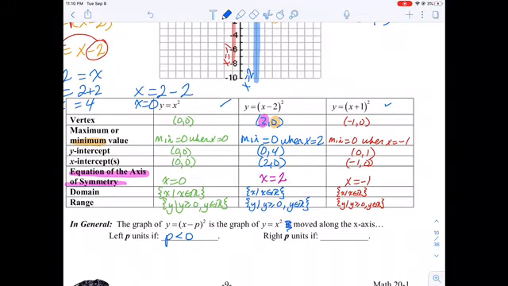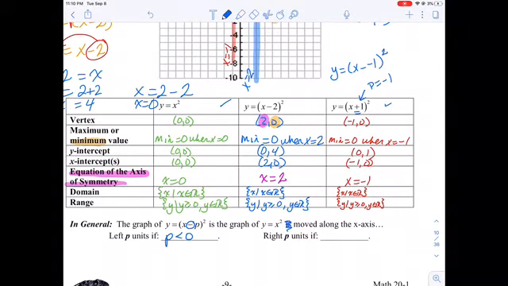Up here, p is negative 1 because this is y equals x minus negative 1 squared. When we make this into a form with a negative, the p is the opposite of what we saw here. So this is a plus 1 there, but the p value is actually negative, and that comes from x minus negative 1.